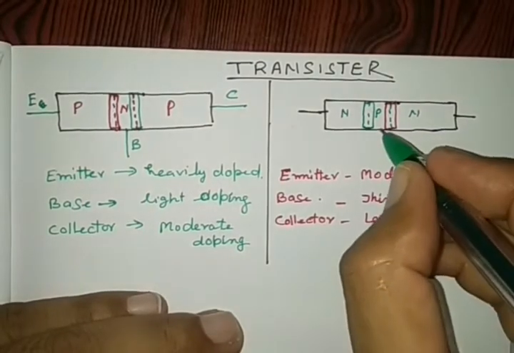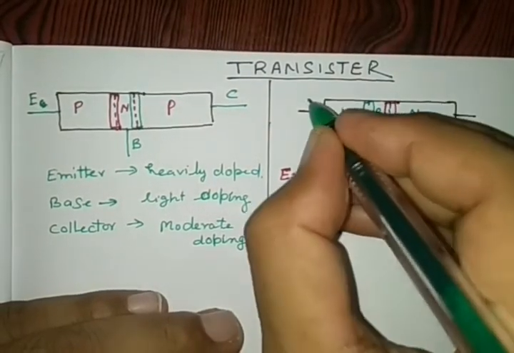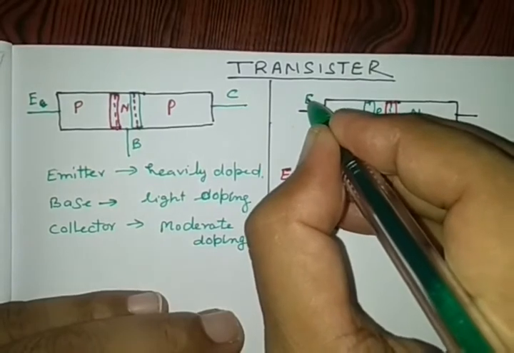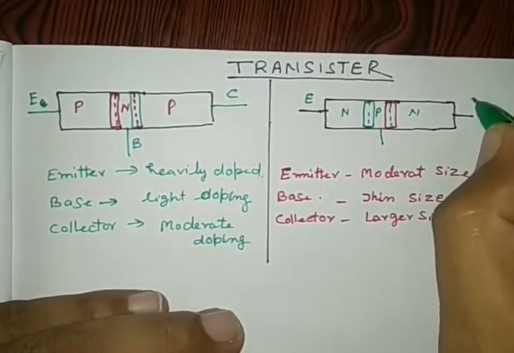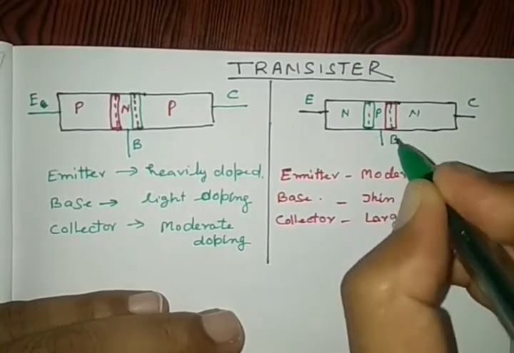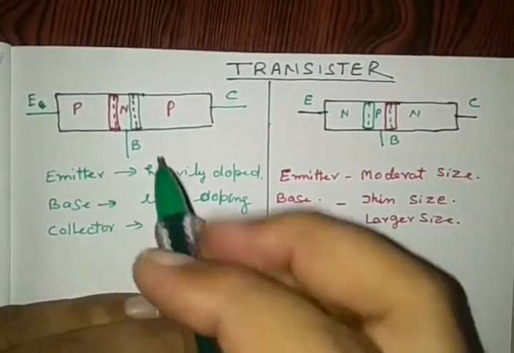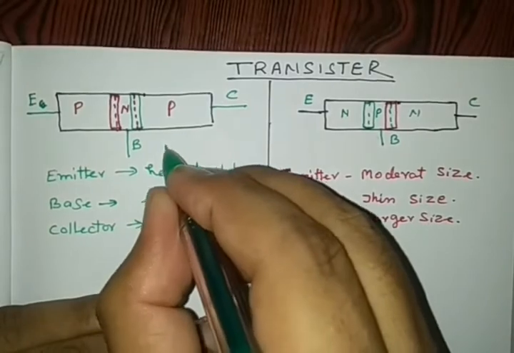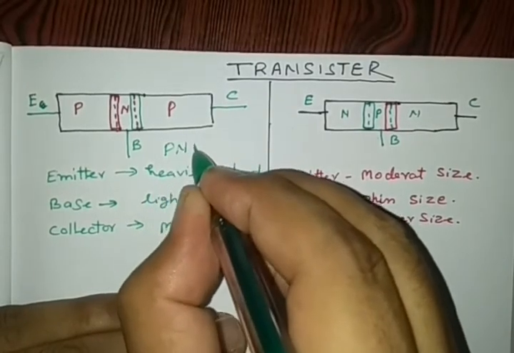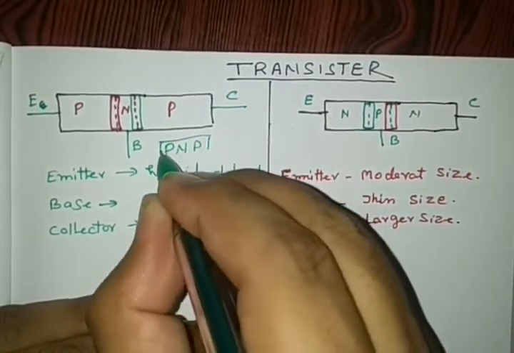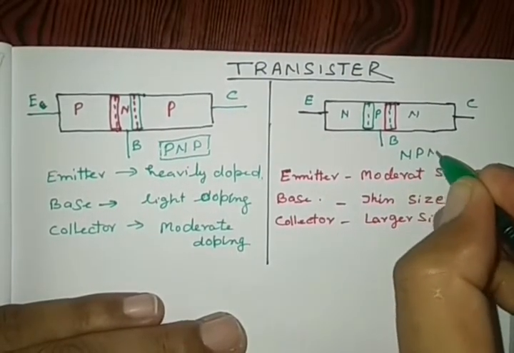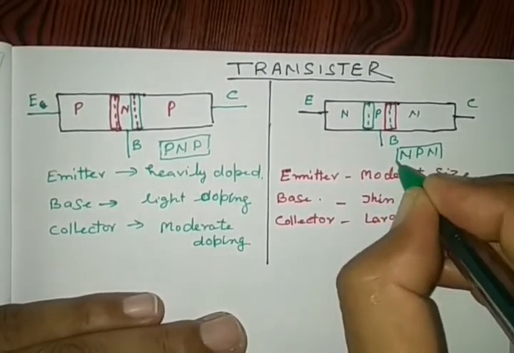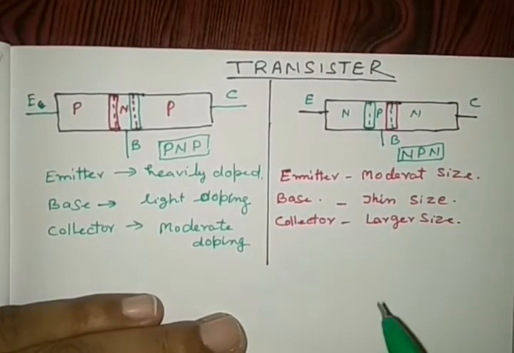Same as this, here also there are three terminals: emitter, collector and base. So this is the PNP type transistor and this is the NPN transistor. The three terminals are used here.